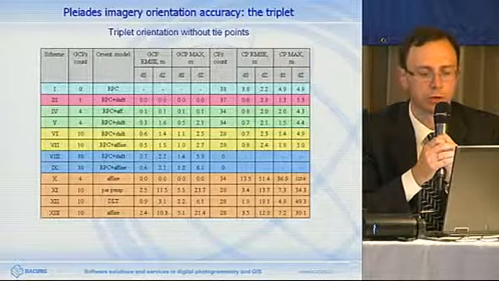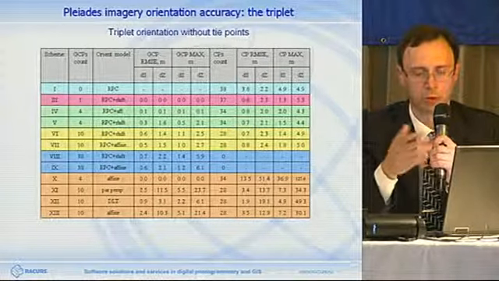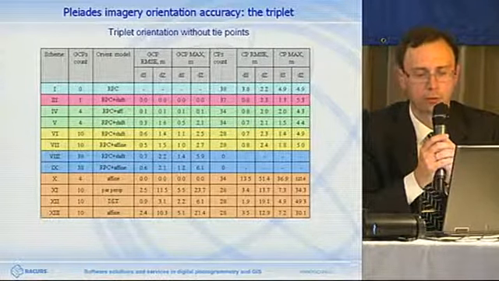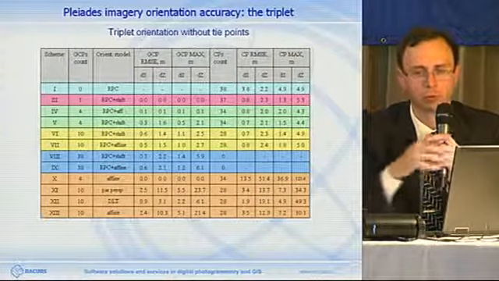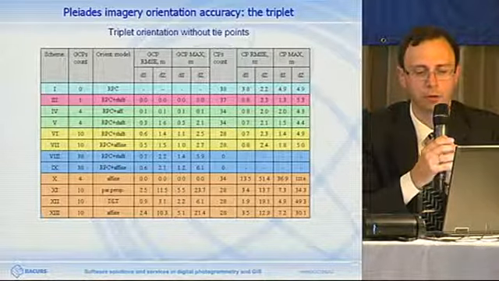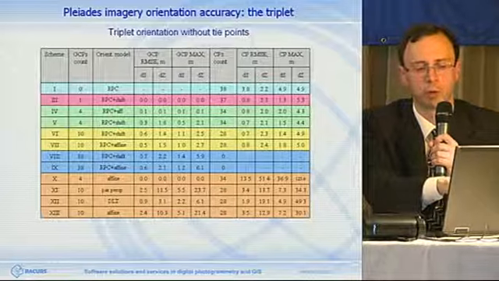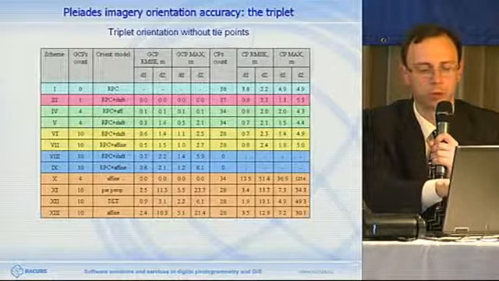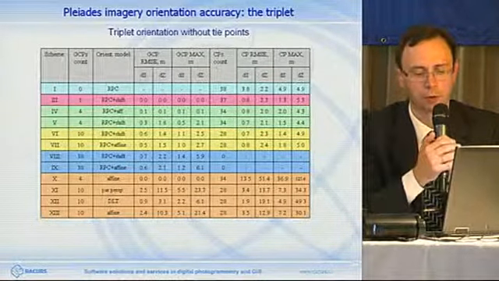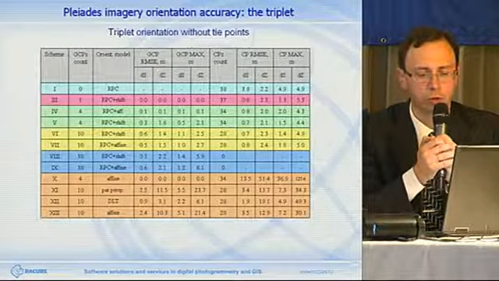In the 7th experiment, the accuracy became a bit worse with the increased number of GCPs, but it perhaps is related to the fact that, after all of this had been done, I learned that these points were not of the same accuracy, and with the growing number, perhaps there were some points with lower accuracy, and that's why the accuracy of rectification went down.